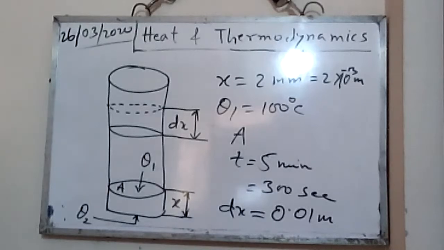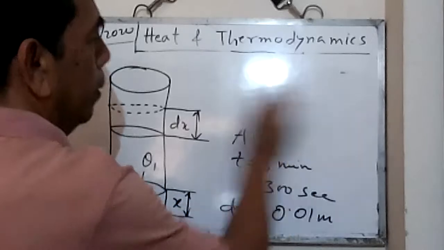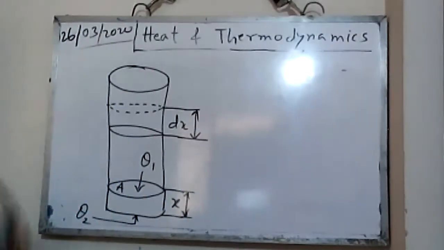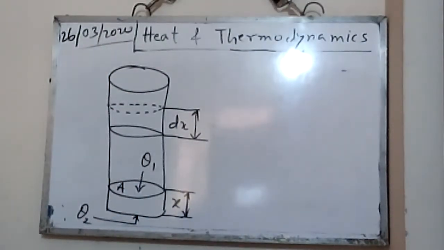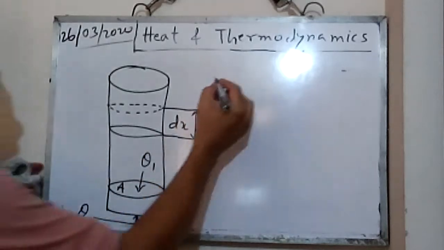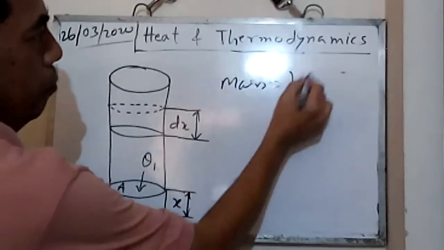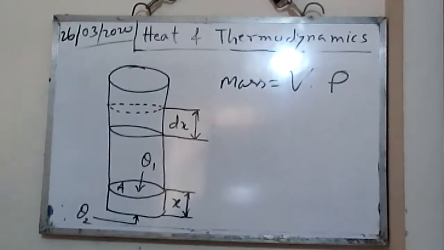Now, the mass of water evaporated in 5 minutes, we can write: mass equal to volume into density.